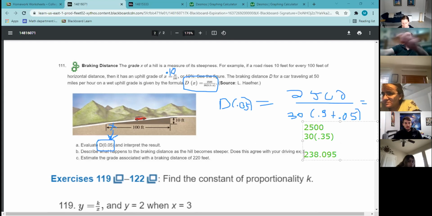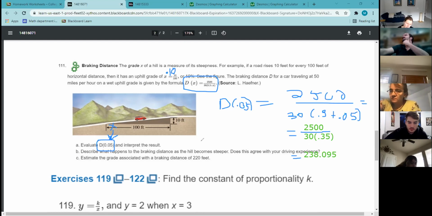Okay, so what does this mean? We have the results, but now we have to be able to interpret them. These two numbers were over themselves, and we got this. How do I interpret that?